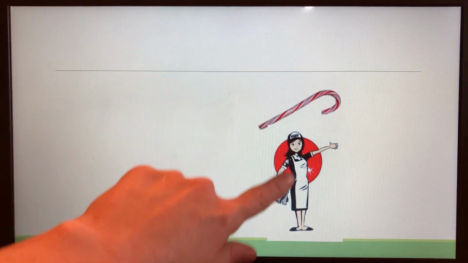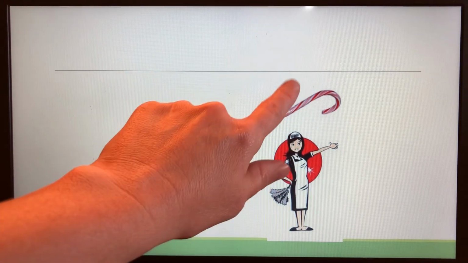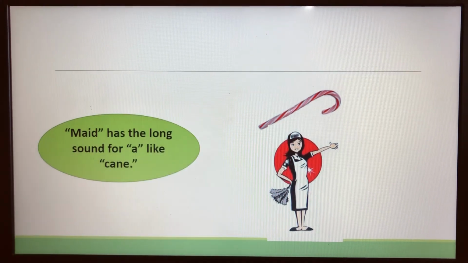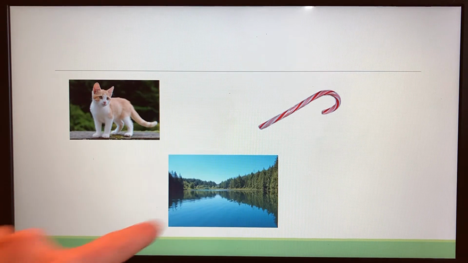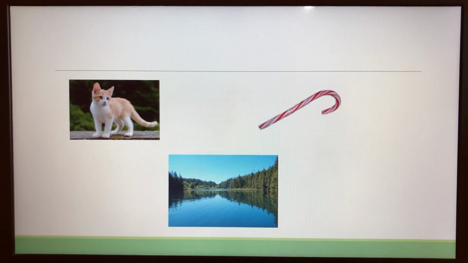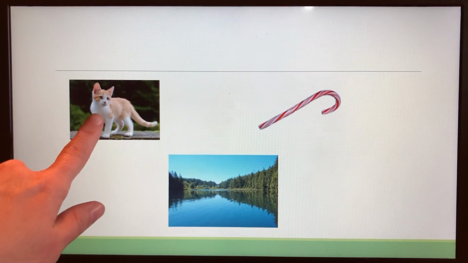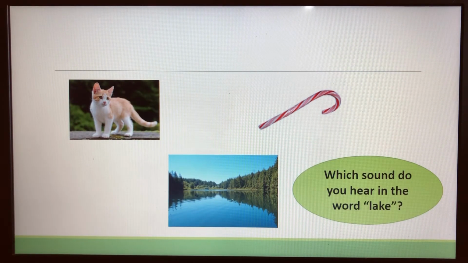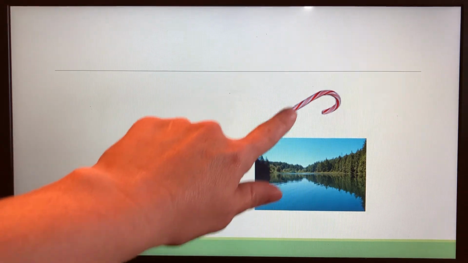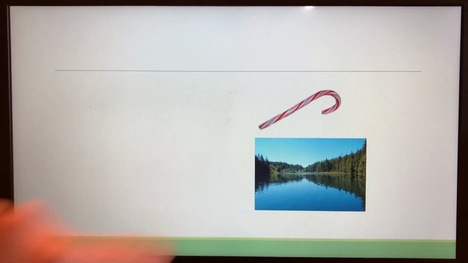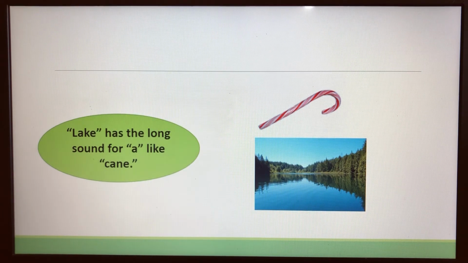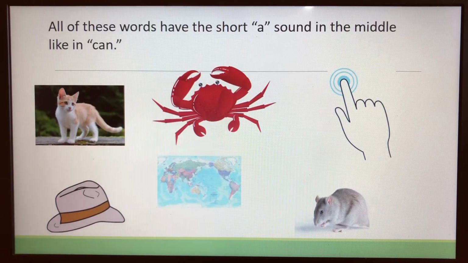Good sorting. You hear the long sound A. Cane, made. How about lake? Lake. Do you hear ah or A? Lake. Good sorting. Cane and lake both have the A sound. The long sound for A.